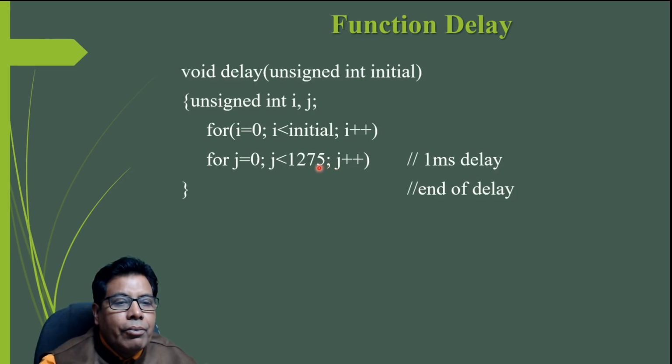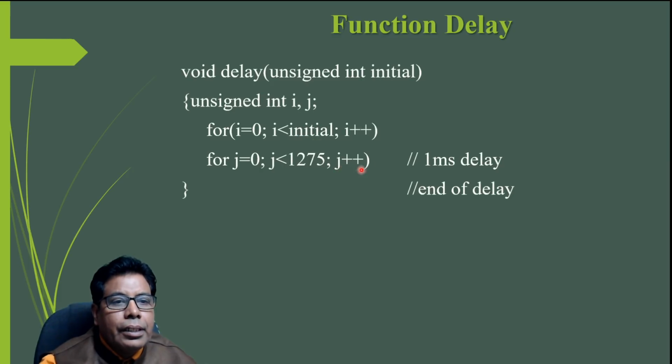And when we want a delay of 250 milliseconds, we use this loop here, and the parameter 250 is passed to the initial variable.